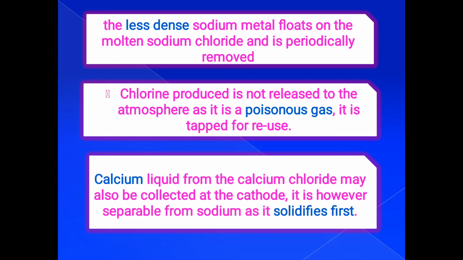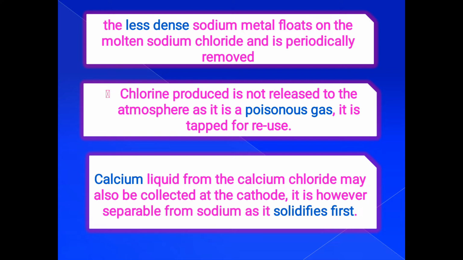Again, it is tapped and reused because it is a very useful gas, for example in the manufacture of CFCs, polyvinyl chloride, and many other uses. We do not release chlorine gas to the atmosphere.